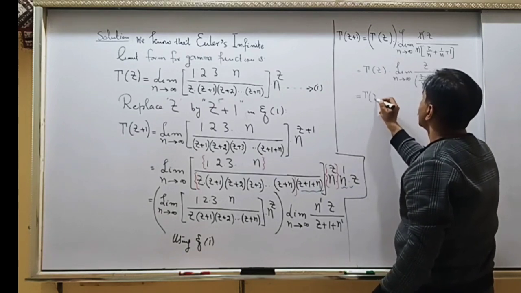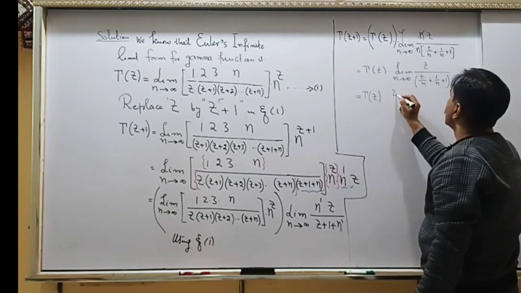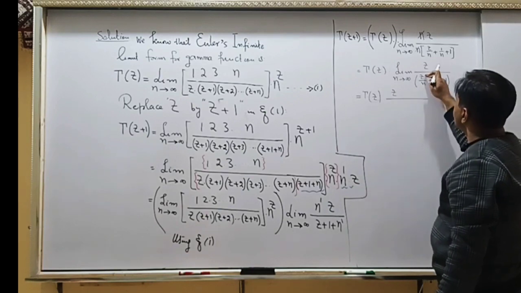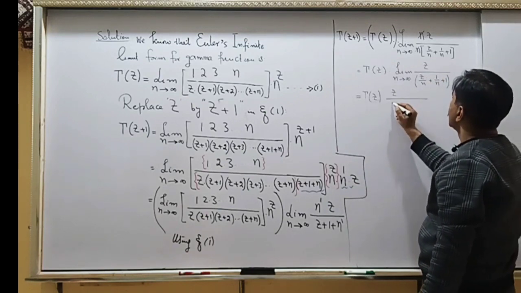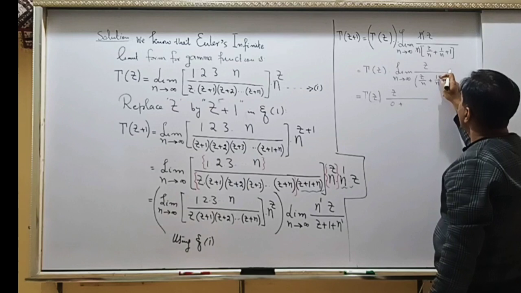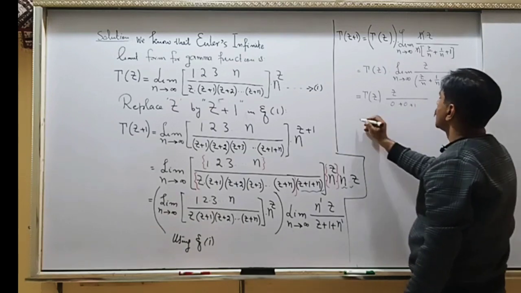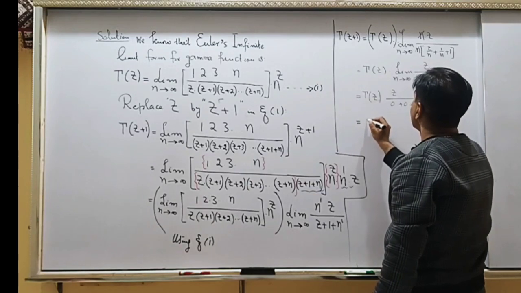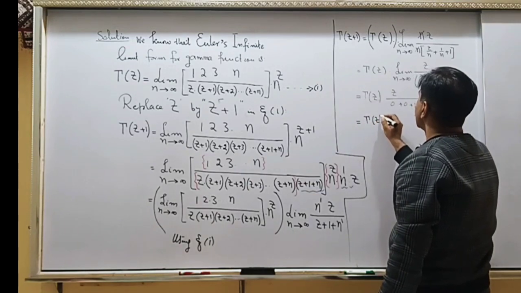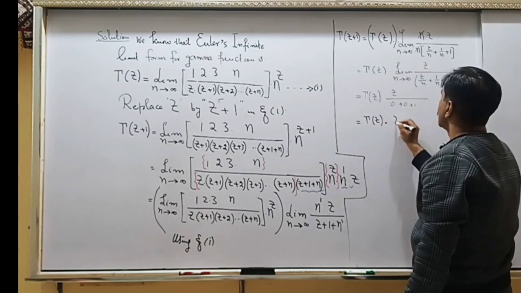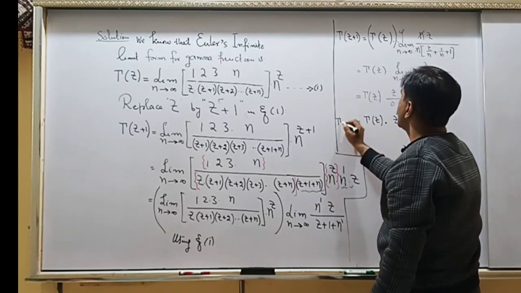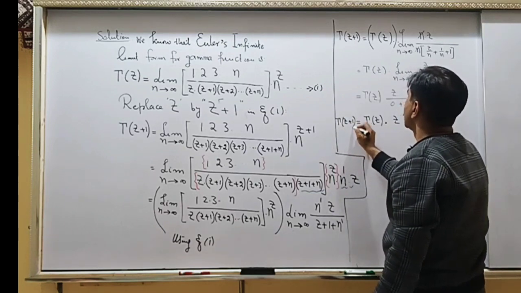Gamma z into z over infinity is 0, 1 over infinity is 0, and this is 1. So you have gamma z into z, and on the left you have gamma z plus 1.